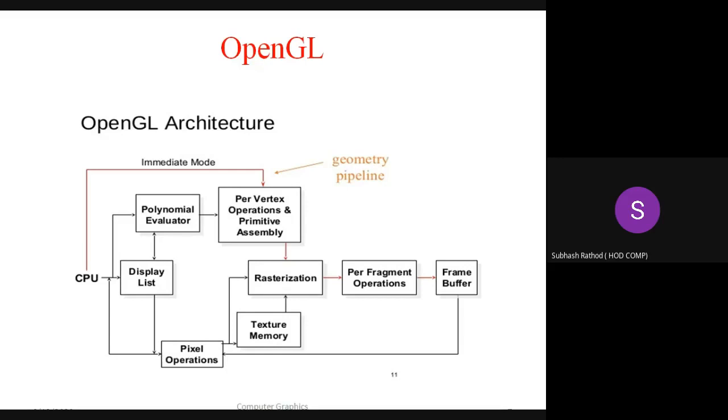Also, by using this polynomial function, one can access the color value of the pixel. A polynomial map based on the Bezier basis may be specified on the attribute individually, but right now the function of this polynomial evaluator is just to specify the coordinates of the vertex and to get the value of the pixel by using polynomial terms.